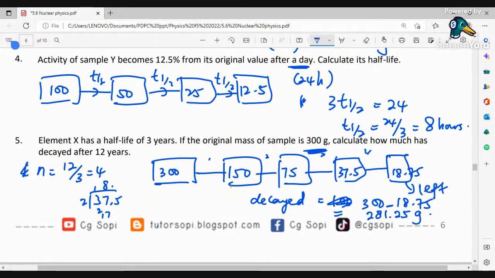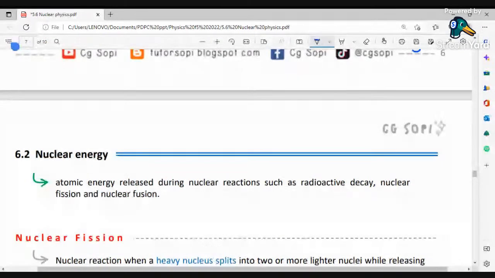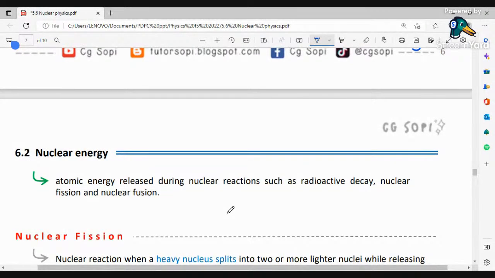Okay, is it correct? Okay, itu yang sudah decay. Yang left ini yang left. Okay, yang kita catat ni semua yang left. Okay, yang tinggal. Yang decay kena minus. Okay, itu 6.1 ialah radioactive decay.